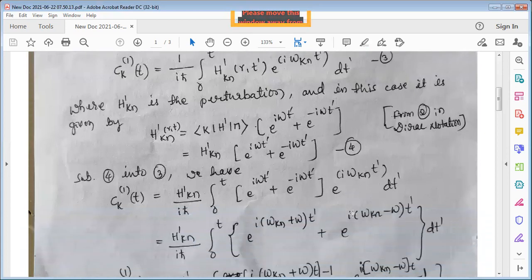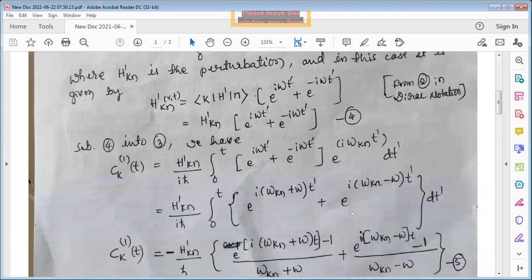So equation 3 becomes the expansion coefficient c_k dash of t is equal to H dash kn divided by i h cross, integral from 0 to t of e raised to i omega t dash plus e raised to minus i omega t dash, into e raised to i omega kn t dash.